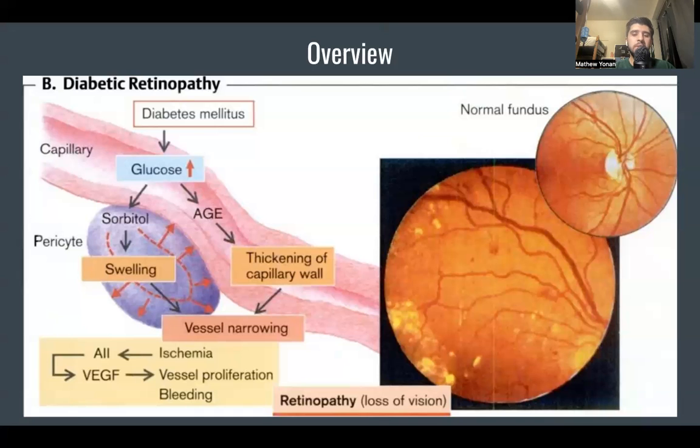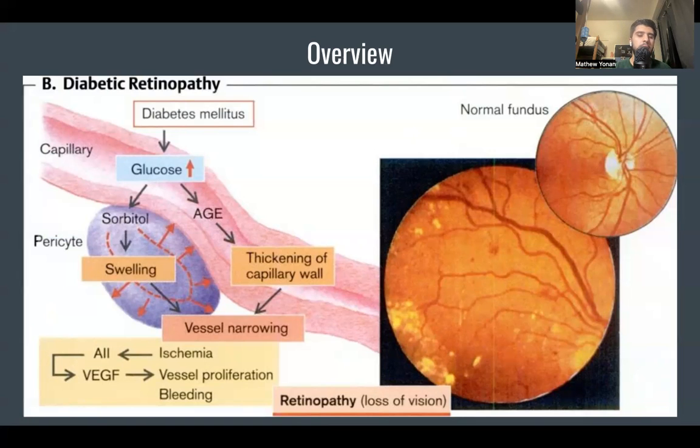These newly created vessels are actually abnormal vessels. They don't work well, they're poor quality, they leak and rupture often, which leads to bleeding. This bleeding can be the vitreous bleeding, which can cause total blindness, temporary blindness, and also macular edema, like in the second stage, which can cause blurry or wavy vision, right?